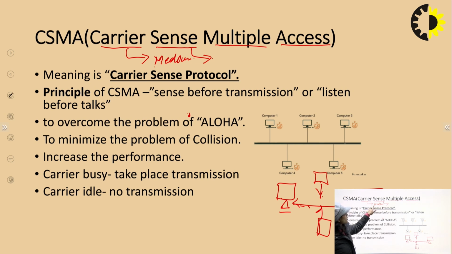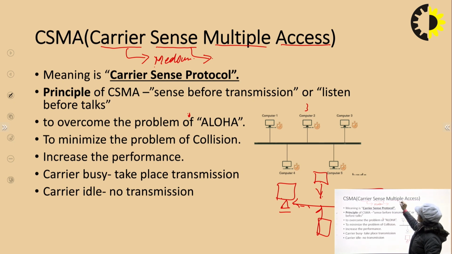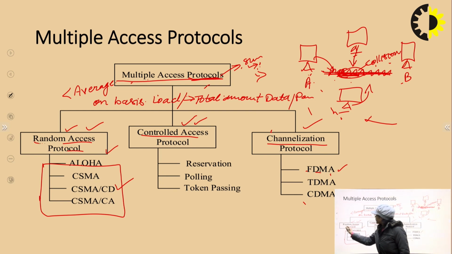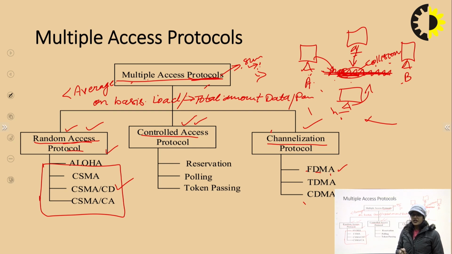This particular concept is introduced against the previous topic, which is a kind of random access, because random access does not define a particular time slot in which you have to access the shared medium.